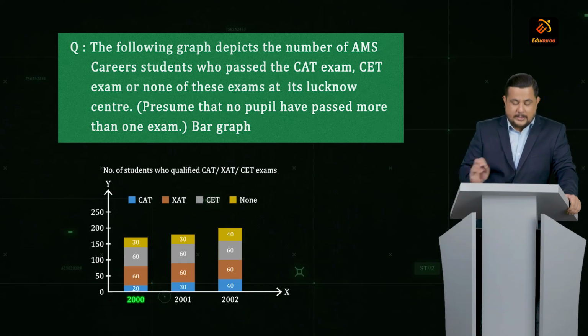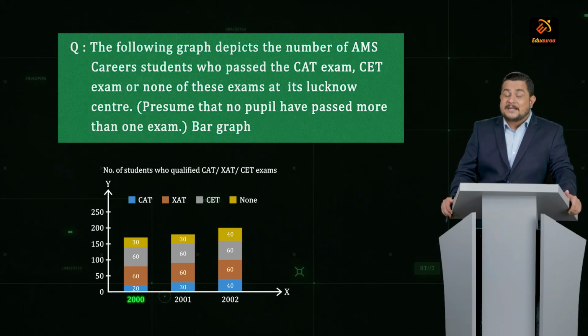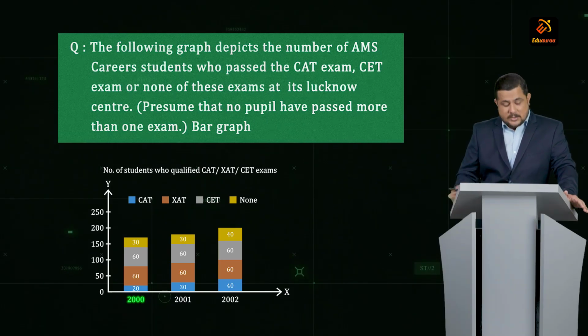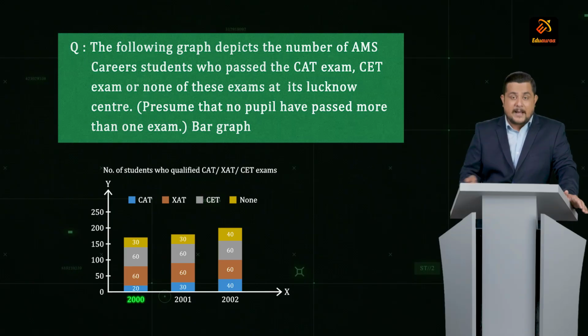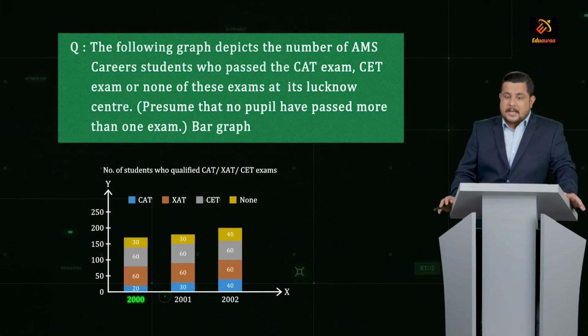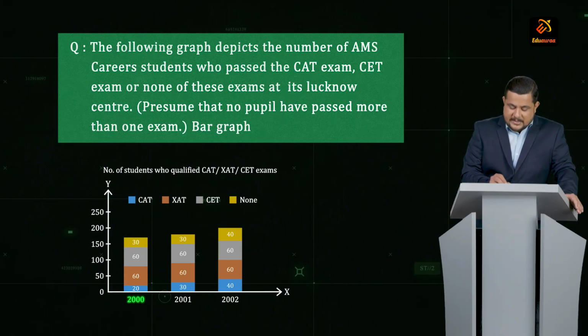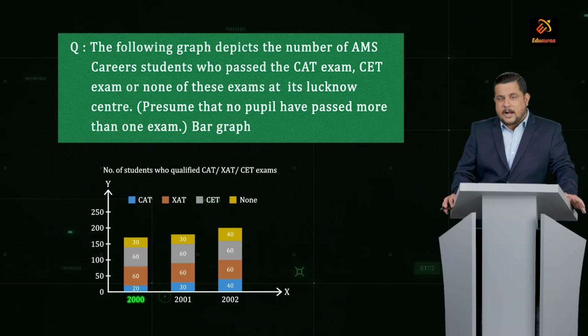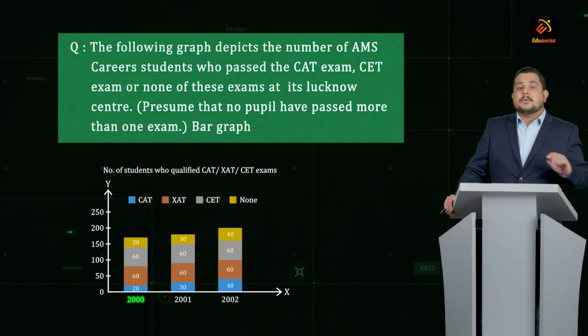The blue color represents CAT, the SET exam is represented by the brown color, and CET is represented by the gray color. And none, the students who passed none of these exams.